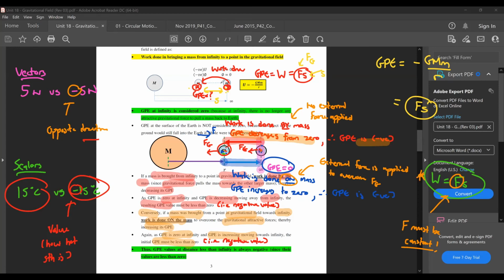Now, in your current case, when you are bringing a mass from infinity all the way to the point you're considering, notice that your r, the center to center distance between the masses, is actually varying. Gravitational force is GMm over r squared, so Fg is inversely proportional to r squared. So if you bring your mass from infinity to a point, your r is not constant.